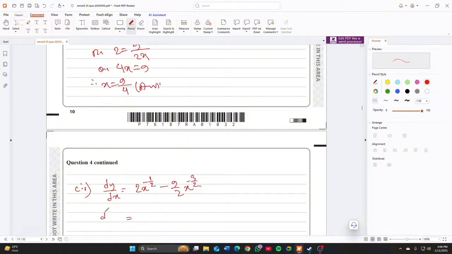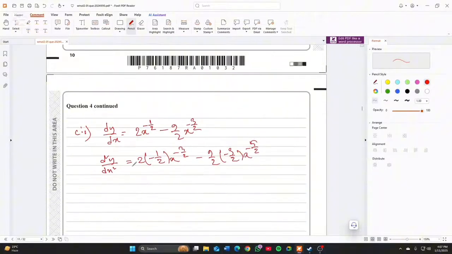So d square y by dx square, we will differentiate this further. So 2 times minus 1 by 2 x to the power minus 3 by 2 minus 9 by 2 times minus 3 by 2 x to the power minus 5 by 2, and this gives us minus x to the power minus 3 by 2 minus 27 by 4 x to the power minus 5 by 2. Okay, this is our answer.